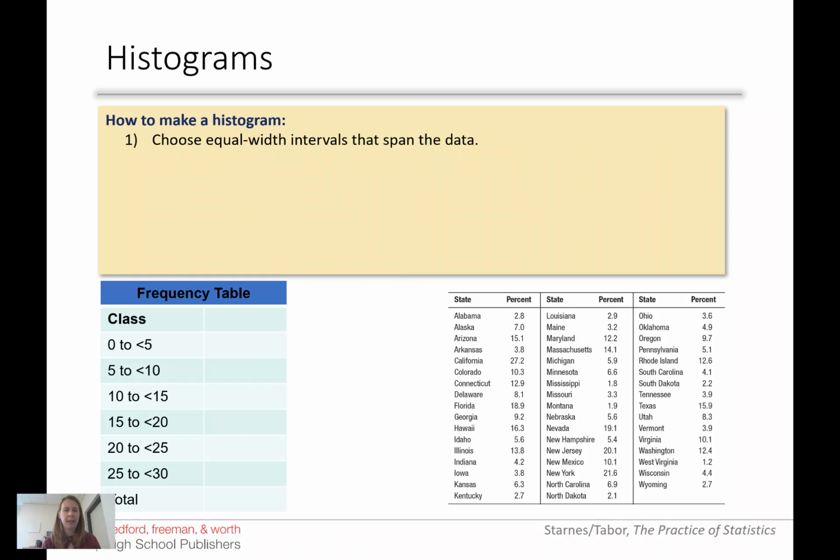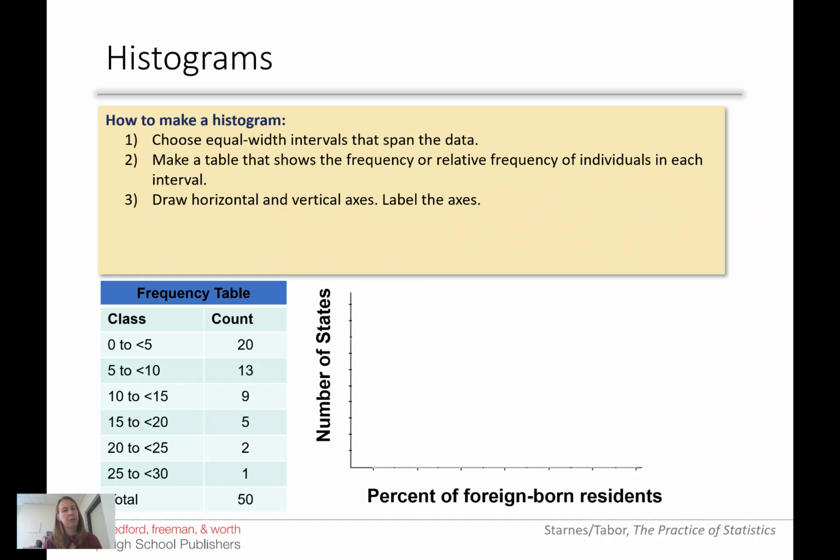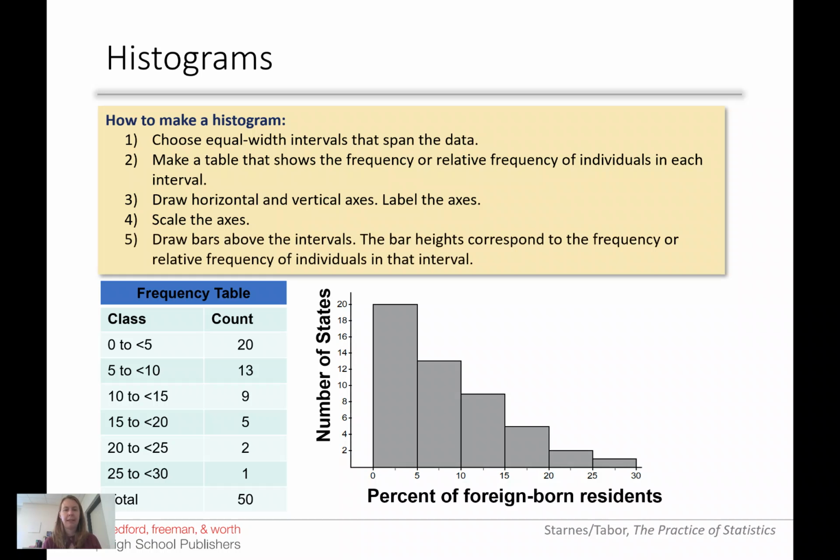You usually pick nice numbers like 0 to 5, maybe 2 wide, 10 wide. It depends how spread out your data is. Figure out how many in each category you have, and then make sure you label your axes, and the intervals have to be consistent again, and then you just graph however high each bin is.